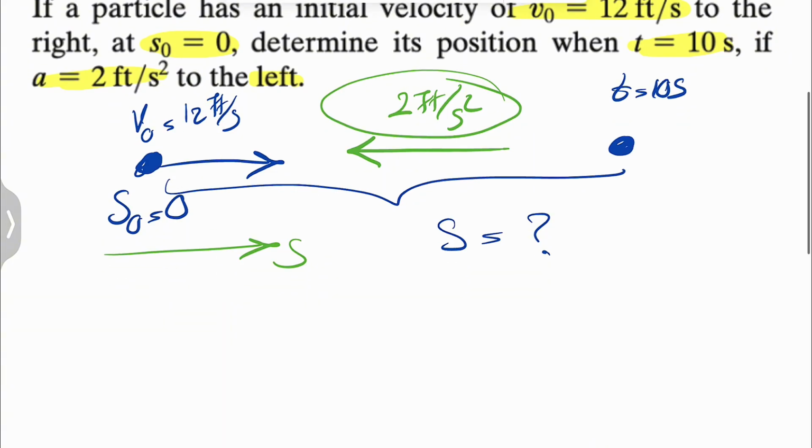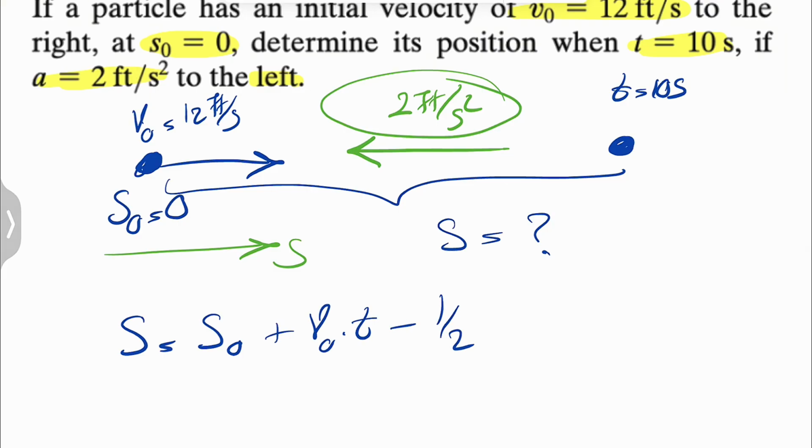So we have the formula s is equal to s0 plus v0 t plus 1/2 a t squared. Let's keep this positive and consider the acceleration negative 2, again because the direction is opposite to the velocity.